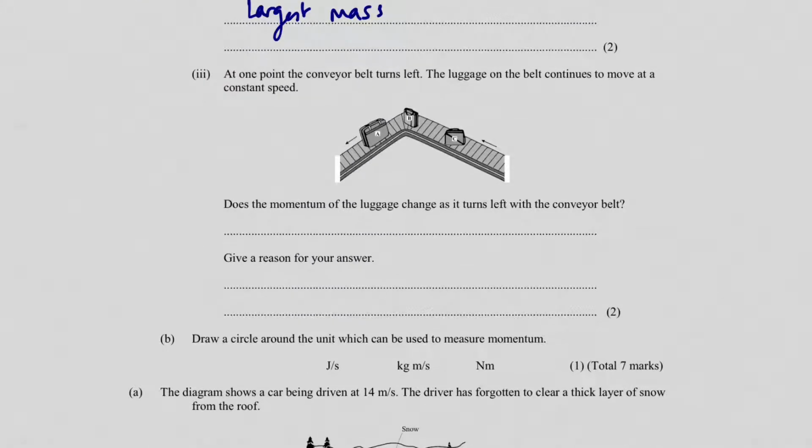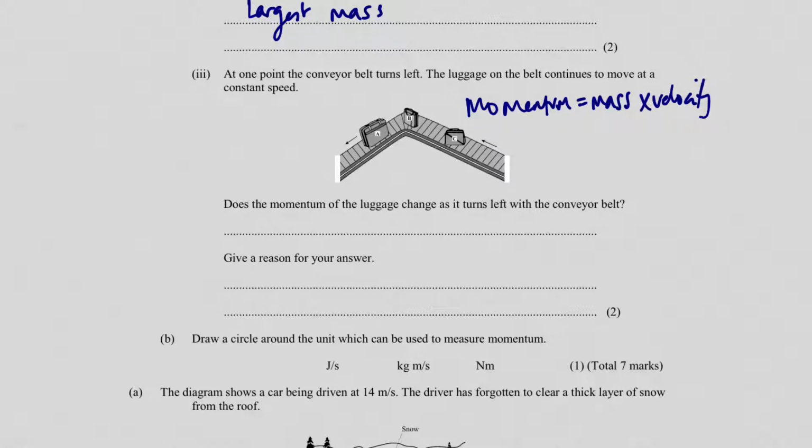At one point, the conveyor belt turns left. The luggage on the belt continues to move at a constant speed. Does the momentum of the luggage change as it turns left with the conveyor belt? So momentum equals mass times velocity.